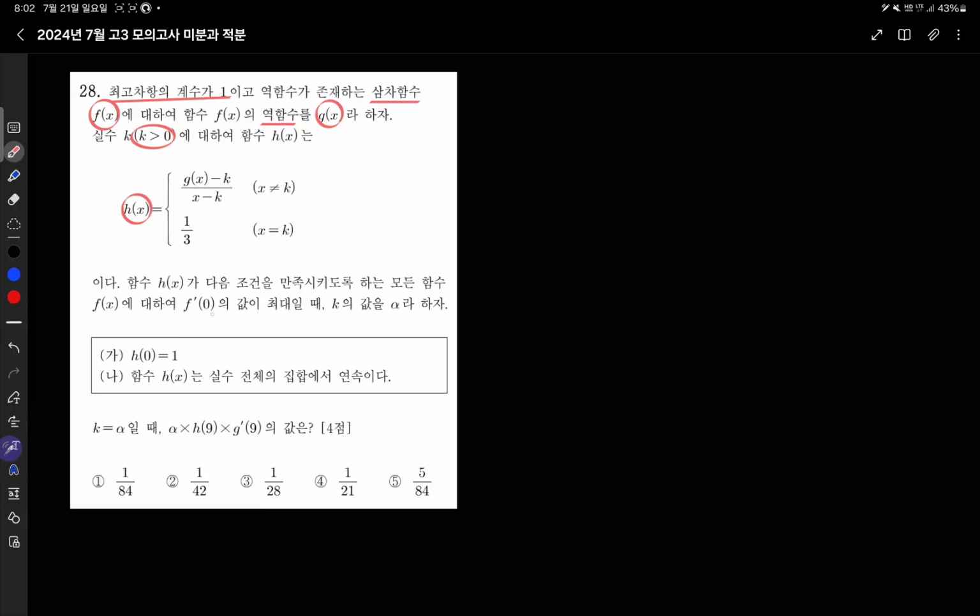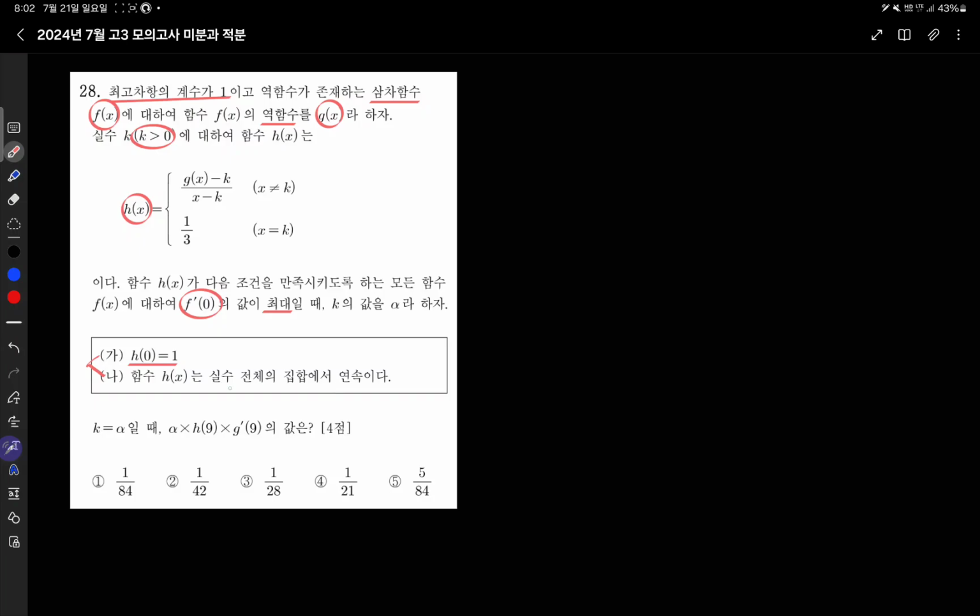And we want to make f prime of 0 maximum. And h of x should satisfy the two conditions. The first condition is h of 0 is equal to 1.